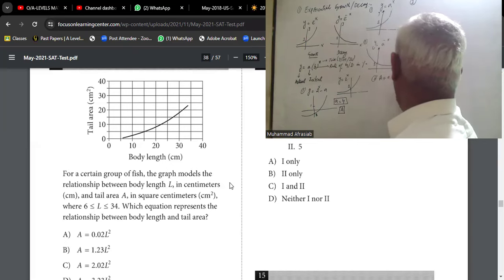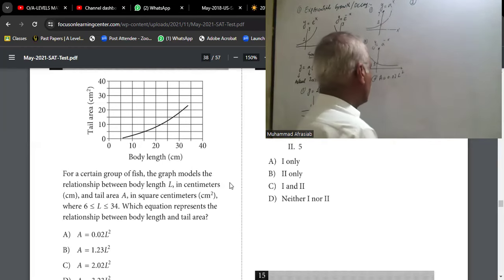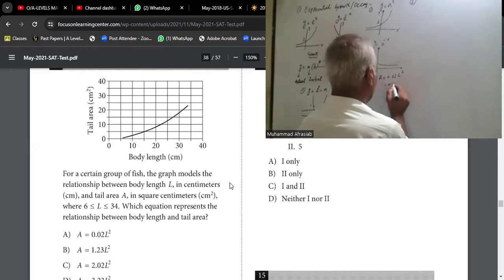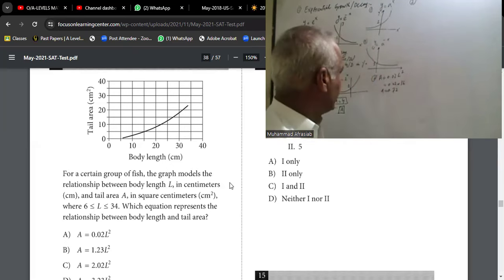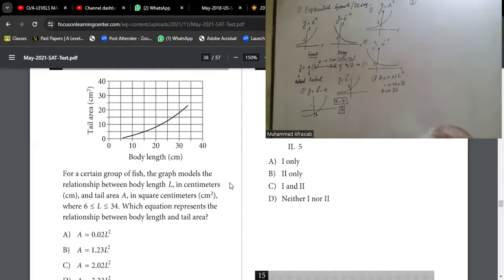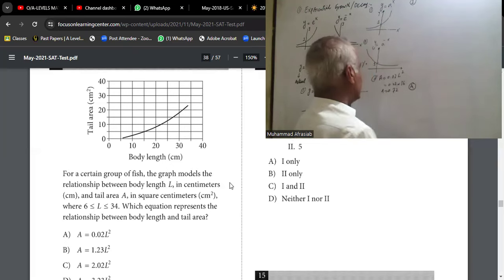So if L is equal to 6, then this will be equal to 0.02 into 6 square, which is 36, so that is equal to 0.072, which is less than 1, and it is shown in the graph that it is less than 1 but more than 0. So choice A is correct. So A is the answer.